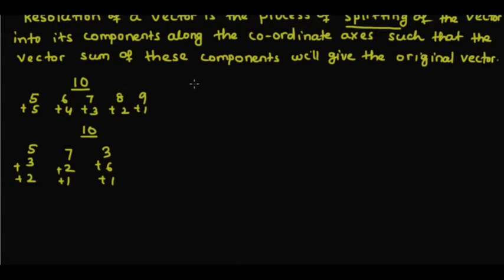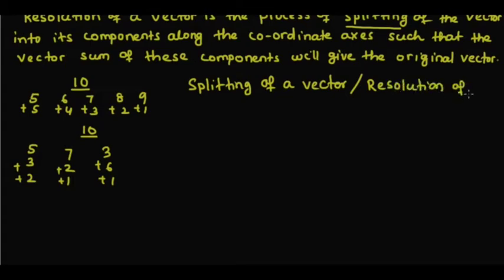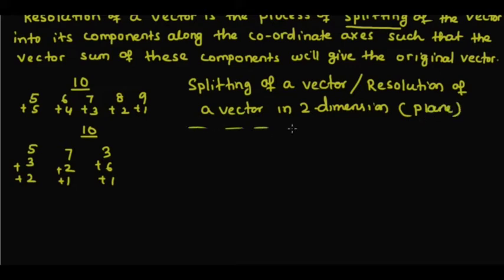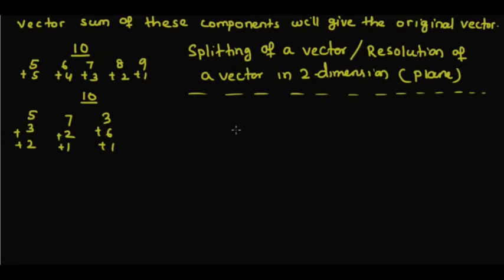So now we will discuss resolution of a vector in two dimension, or in a plane. So students, this is a very important concept, so be careful and listen to whatever I am saying.